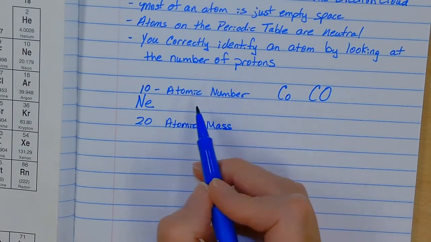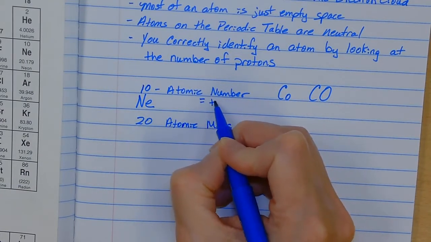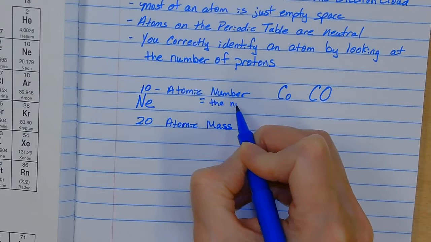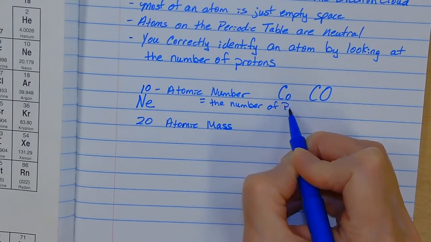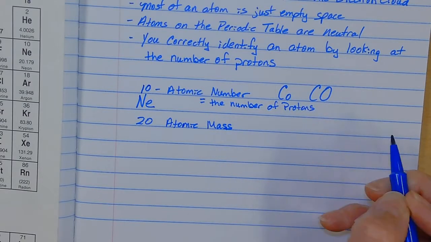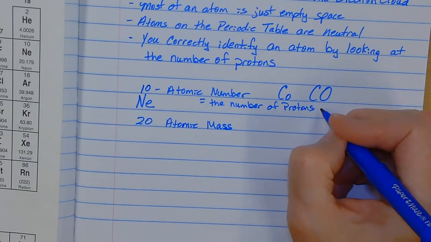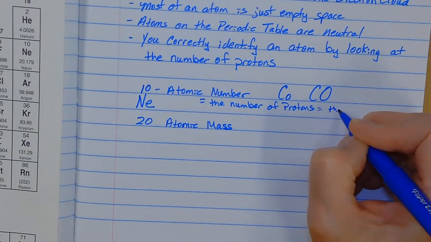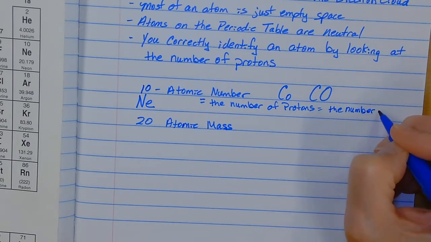Remember, your atomic number is equal to the number of protons, which in turn, since these are neutral atoms, is equal to the number of electrons.